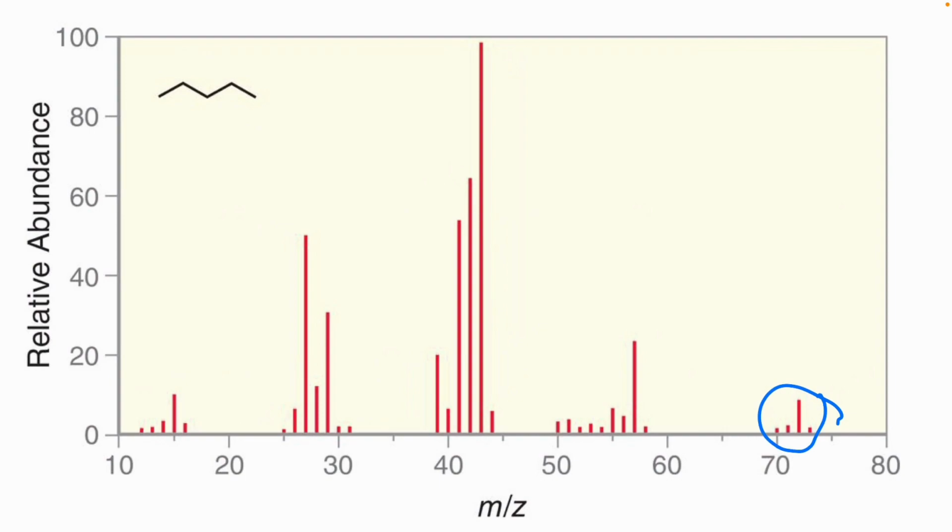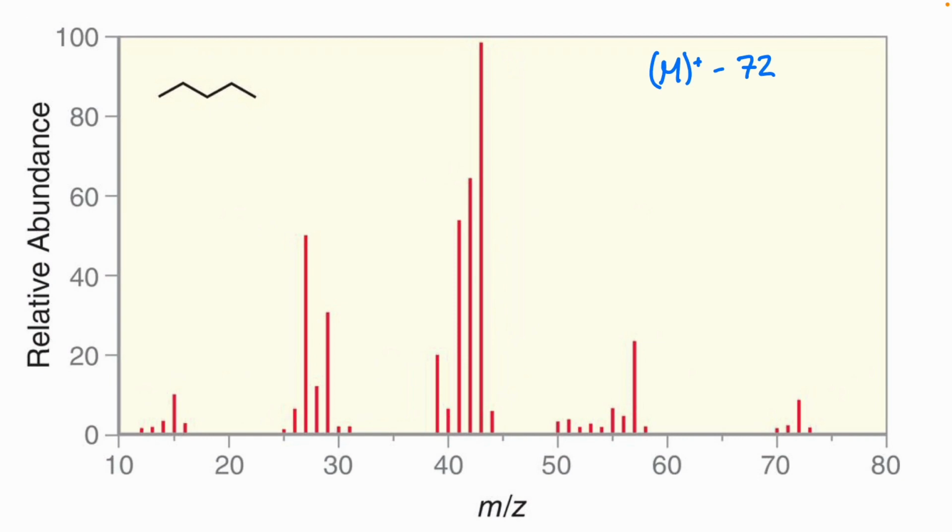There's a small amount. I do see my molecular ion peak. The molar mass for pentane is 72. Okay, so that's my molecular ion that I see. I also have a tiny bit of that M+1 peak as well. But most of what's making it to the end here is stuff that's fallen apart.